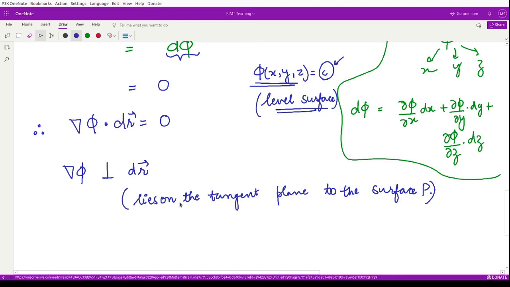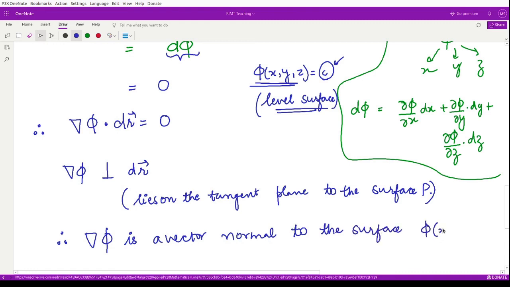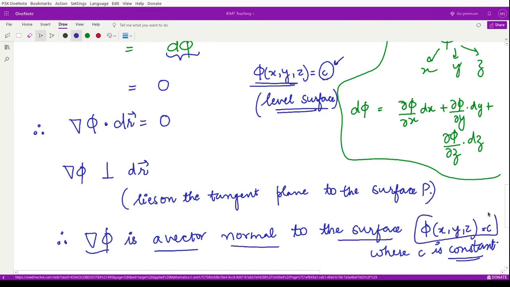Therefore, because these two are perpendicular to each other, we conclude that this gradient of phi is a vector normal to the surface phi of xyz is equal to c, where c is constant. And this is what I have shown you in the figure. So this is a vector which is normal to the surface. What surface? The level curve, right?